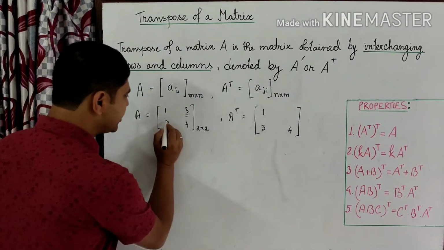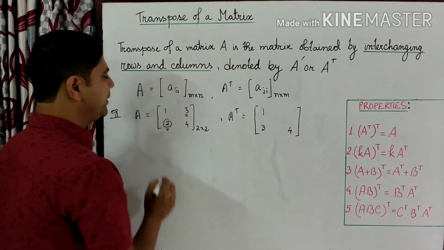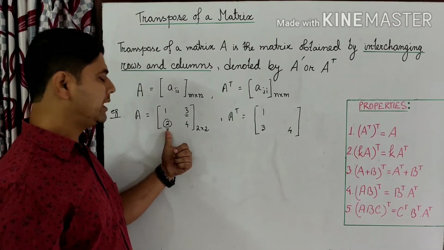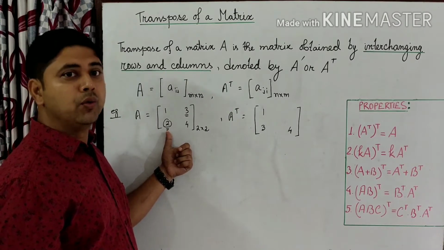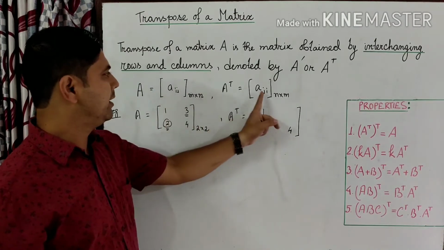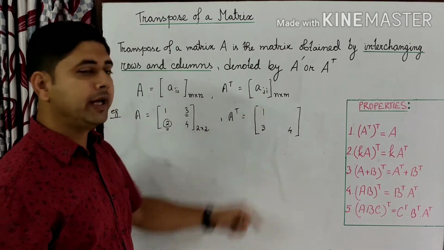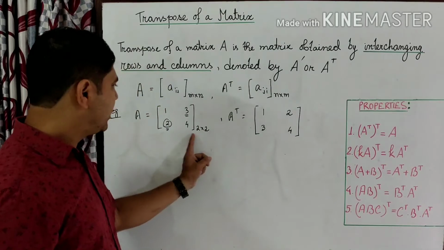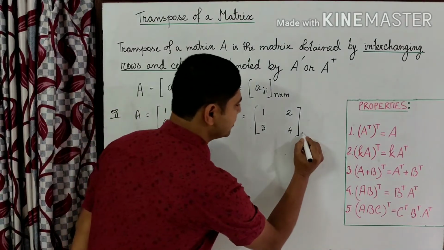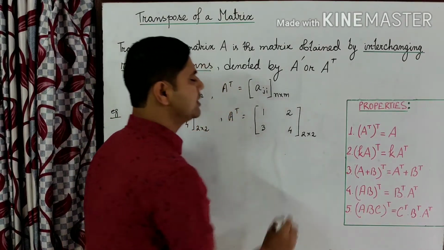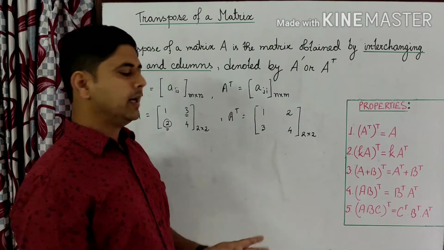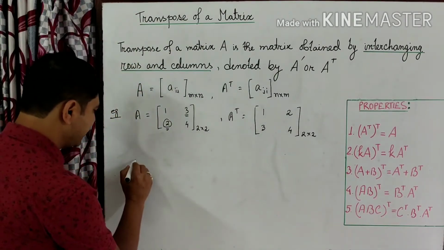Again, what is the position of this element? 2 element, what is its position definitely? What is the position of this element? A2 1. By using this definition, equal to A1 2. That means this element is equal to 2. And the order also interchanges, but it remains the same here. Why? This matrix is a what? Square matrix.